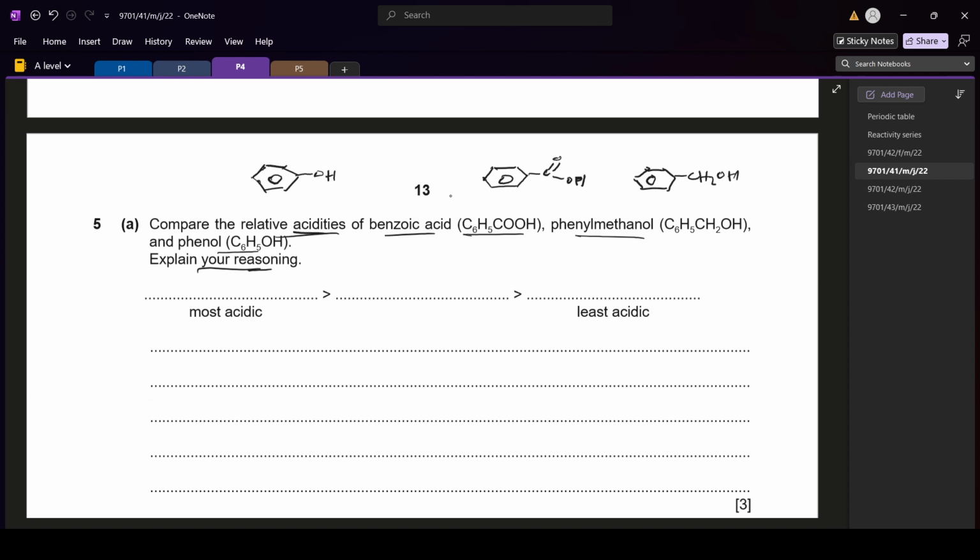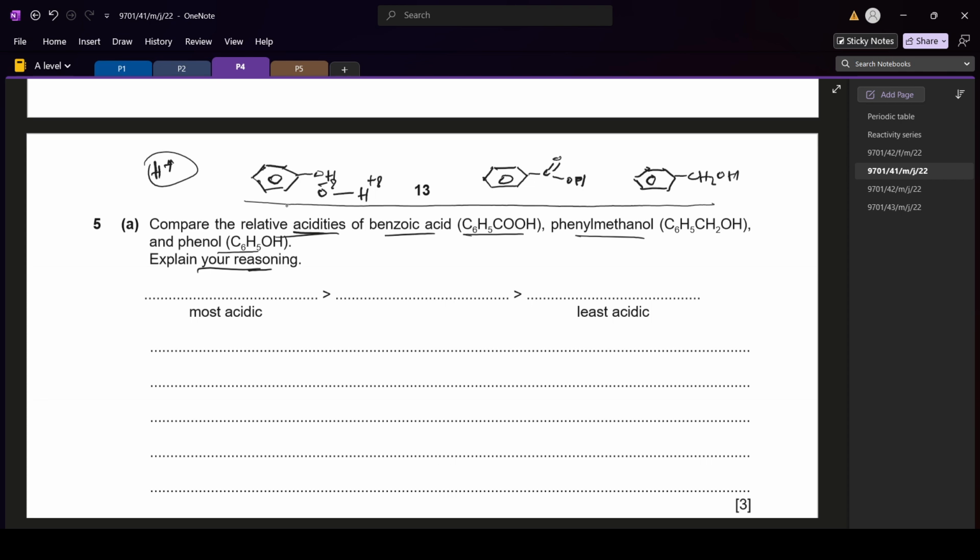So here we will see which of the three will easily lose the H plus ion. This is the OH bond, and in this bond hydrogen is partial positive and oxygen is partial negative because oxygen is more electronegative.